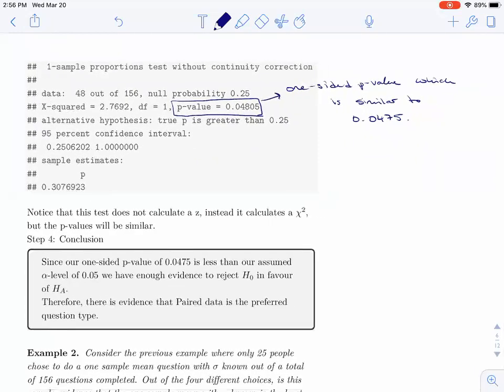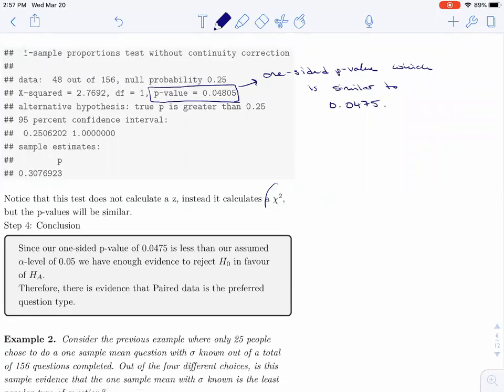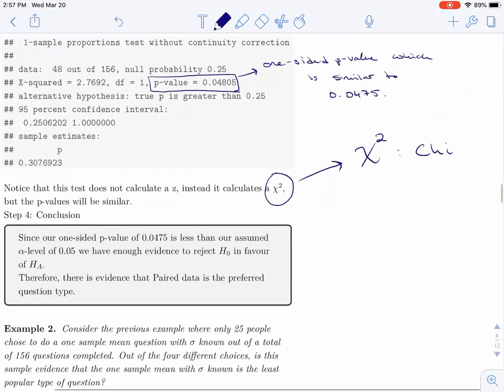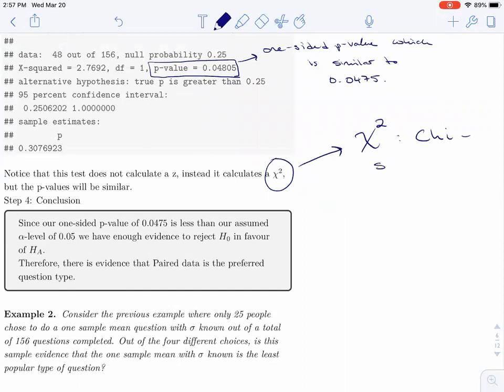It does a chi-squared test, which is just a different way of testing proportions. And so here, this value looks like a fancy x and then squared. It's a chi, but we call it chi, and so it's a chi-squared.